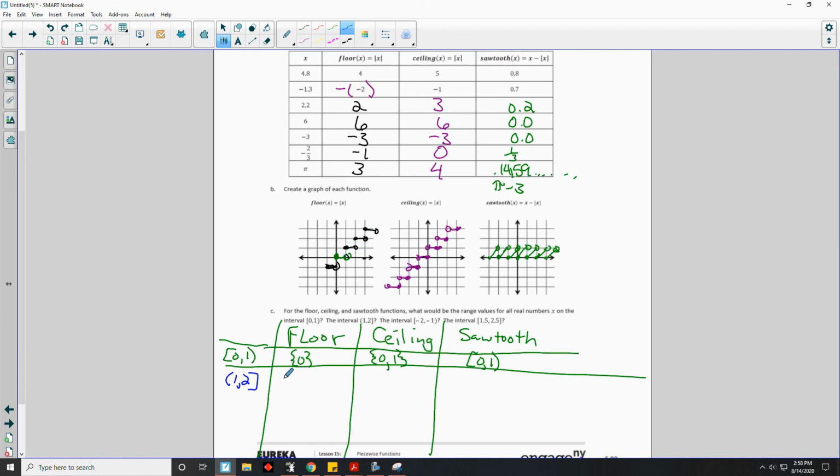So this is going to be the points 1 and 2 for our y values. If I start at 1 here, which is right here, and I go to 2, so I want my domain to go from here to here, not including 1, but including 2, then this would just be the value 2.